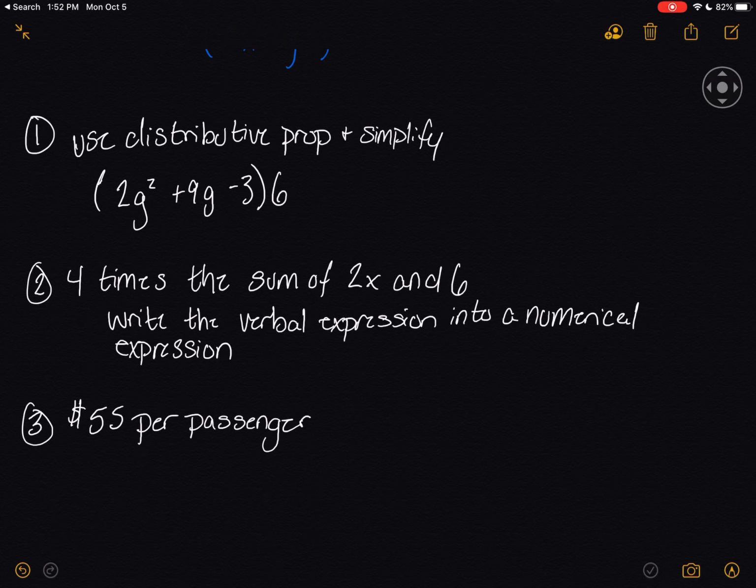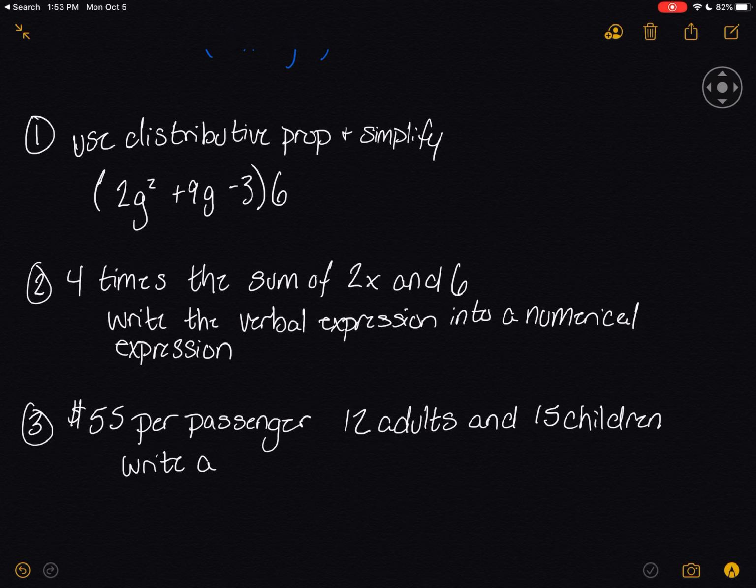So we have 12 adults and 15 children. And that's very much like the very first example that we did together. So there's your 3 problems.